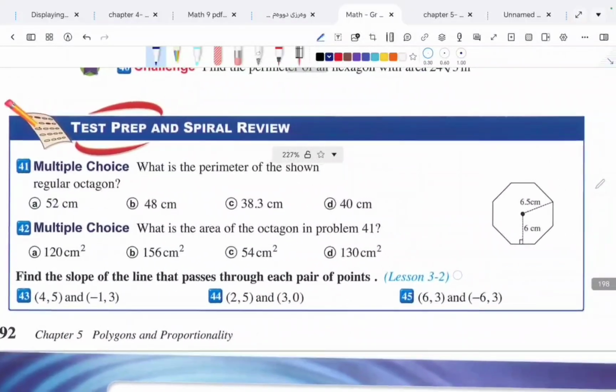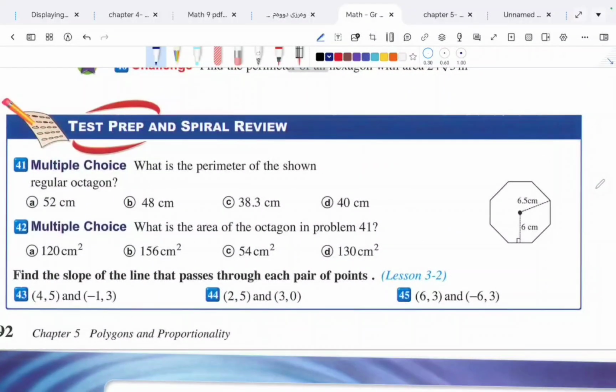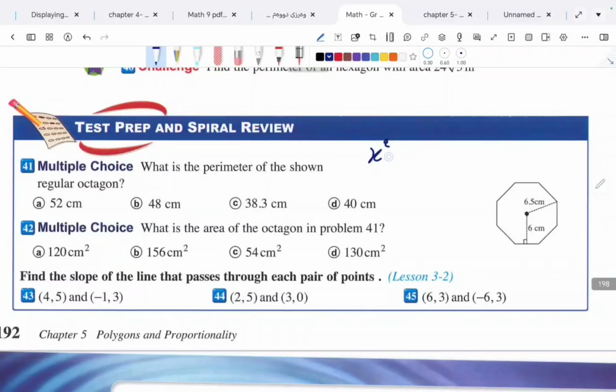Then we have 41. How to solve this one? In this one, you have the radius, so you have to use the Pythagorean theorem. What's the rule of the Pythagorean theorem? c power 2 equals a power 2 plus b power 2. Now we have what? x power 2 plus 6 power 2, it's given, equals 6.5 power 2. We don't know x power 2, you have to find it. 6.5 power 2 will be 42.25.